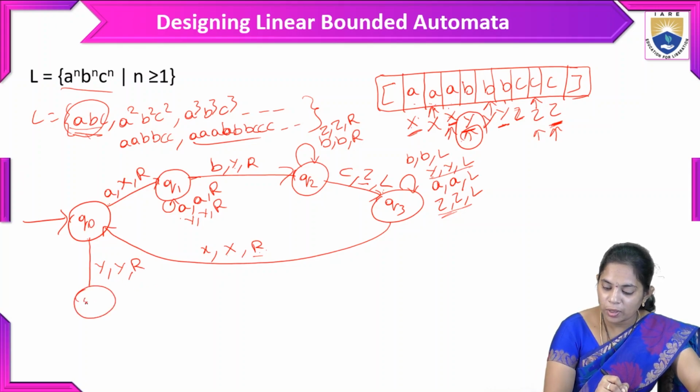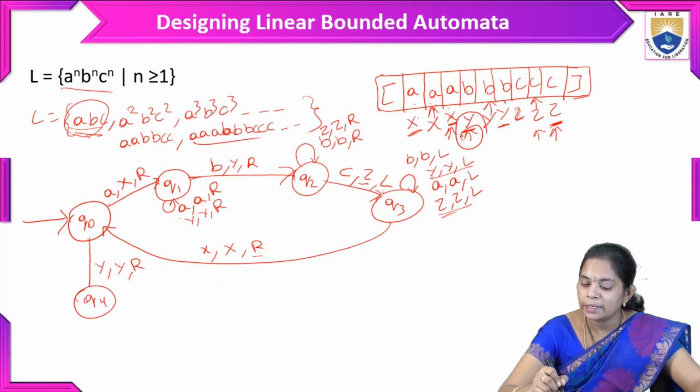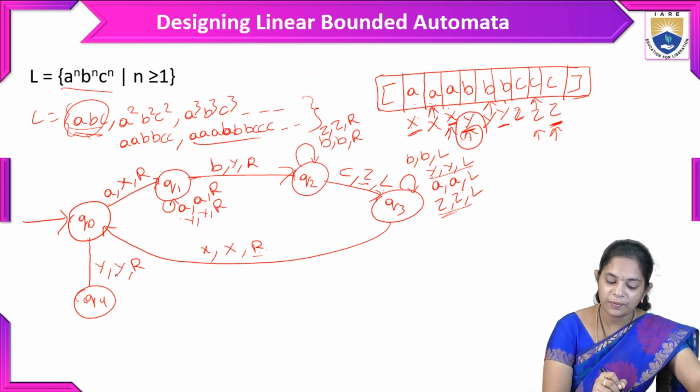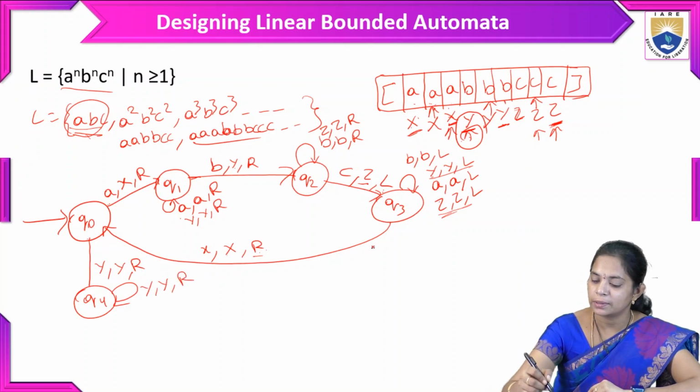So moving to the right direction, that is q4. So here, after this, how many y's are there? This is for one y, and here two more y's are there. So for two more y's, y is going to be replaced with y and we move in the right direction.